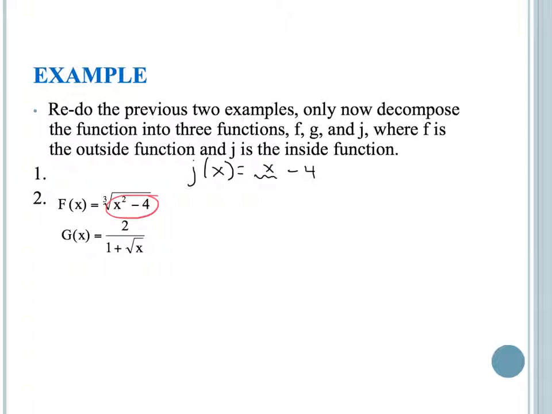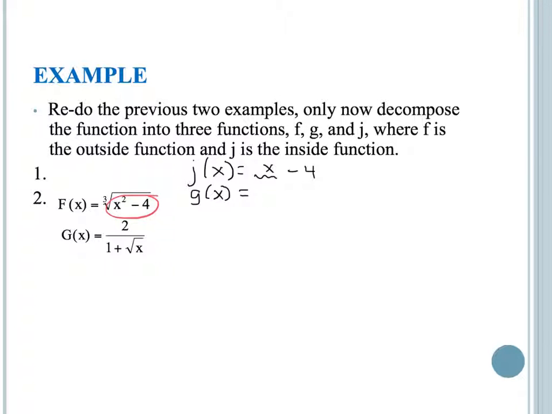Then I need to do something for my middle function to be able to replace my x's so that it then moves into the x squared minus 4. I don't want to change anything with the minus 4. That has to stay the same.